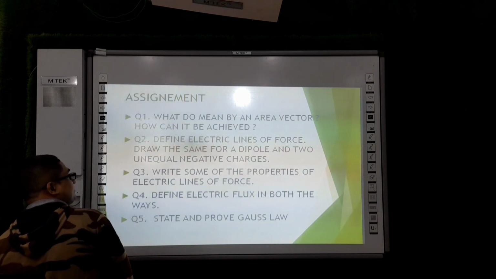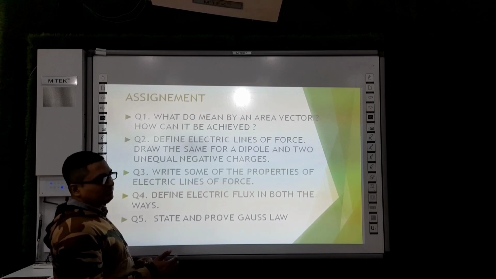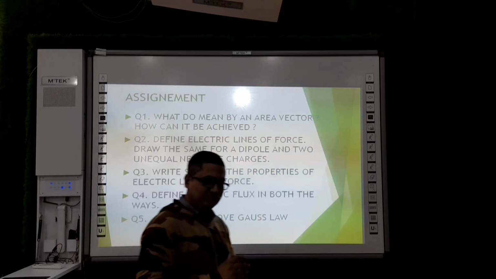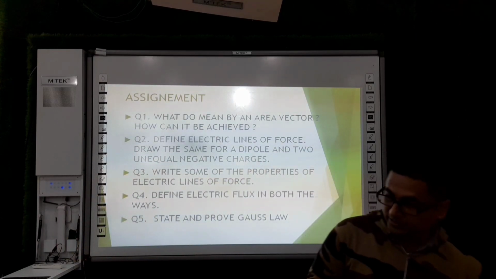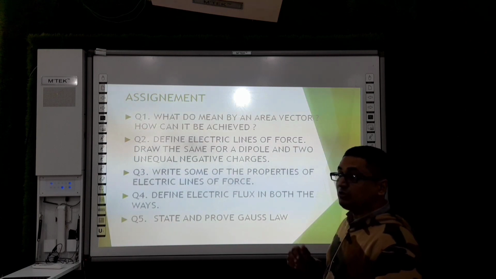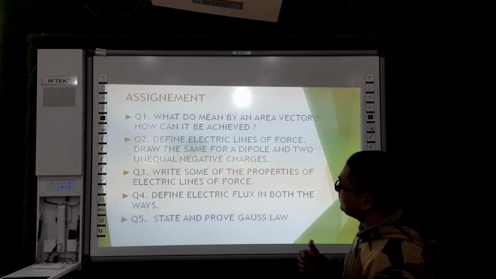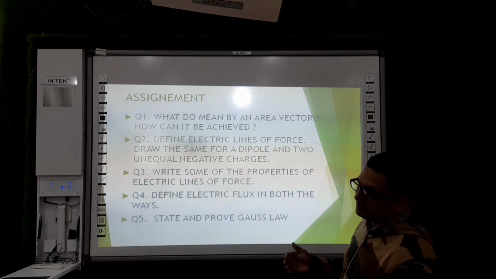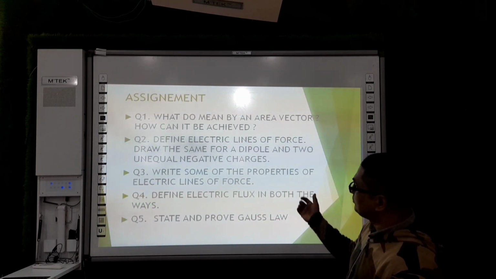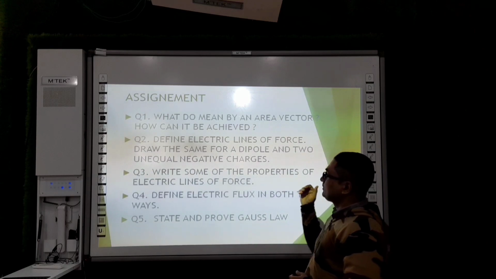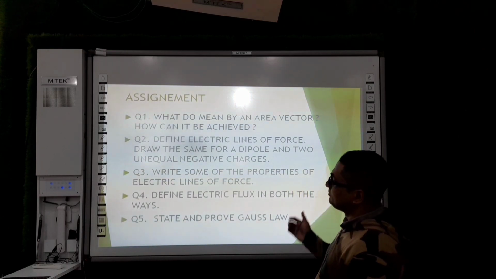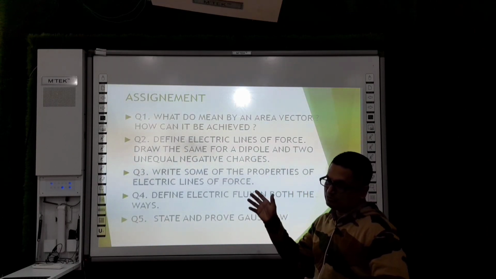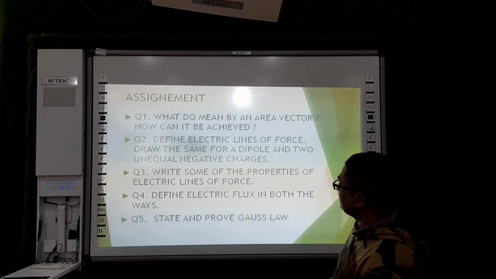So with this we are left with some assignment here. This has already been discussed, and you can try it at home. Is the area a vector, or if it is not a vector, how can I see it? Then, what is the definition of electric lines of force? Some of the important lines of force for two unequal negative charges are like a dipole, as in a closed charge configuration, always depicted in the figure.